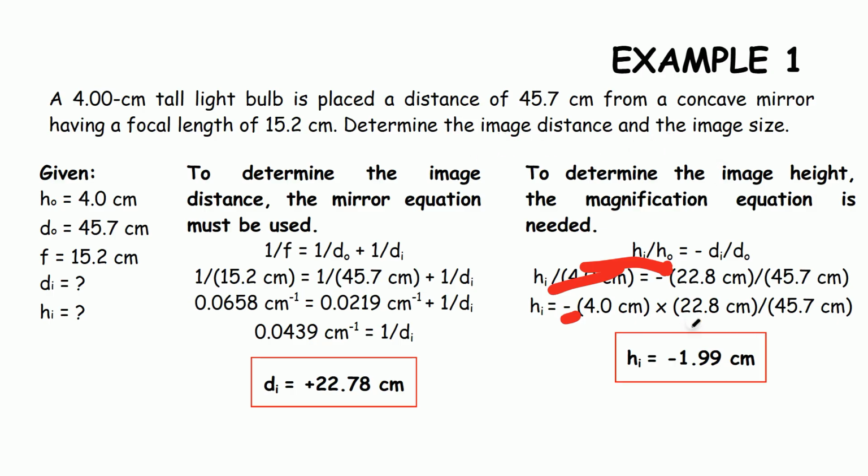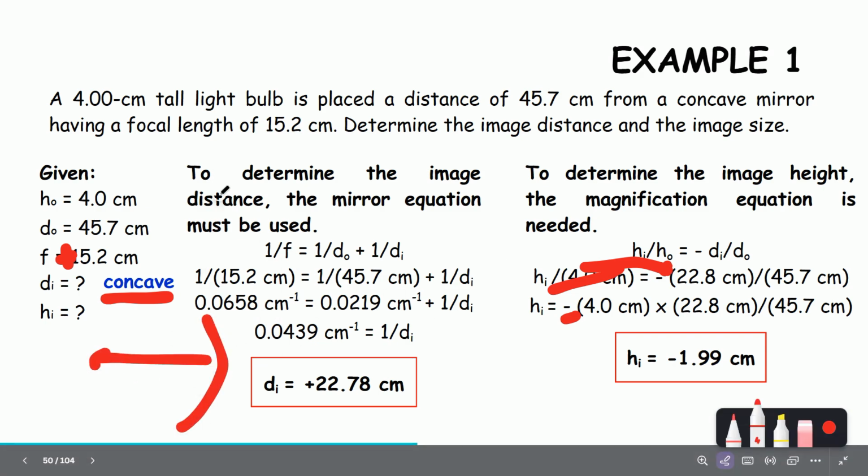So this means that our focal length being 15.2 centimeter, a plus, even if it was not stated, is a concave mirror because it is a converging system. And our image distance, since it is plus 22.78, comes out in front. So our image height is negative 1.99 cm.